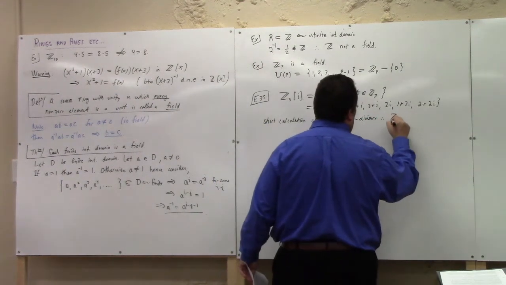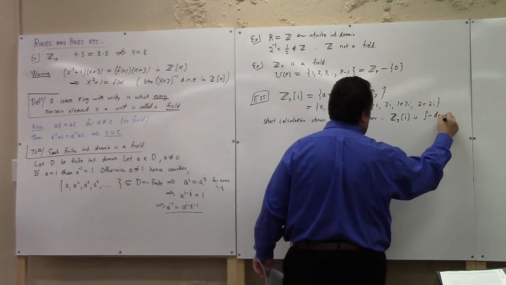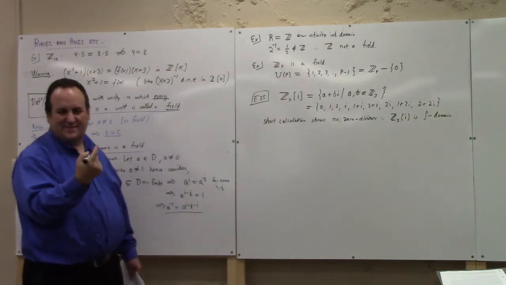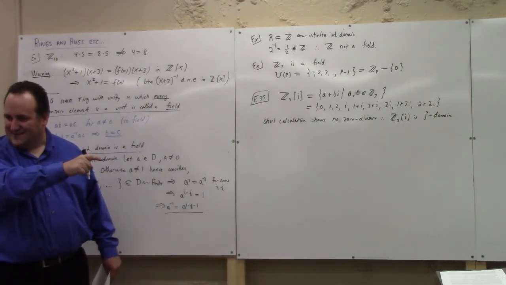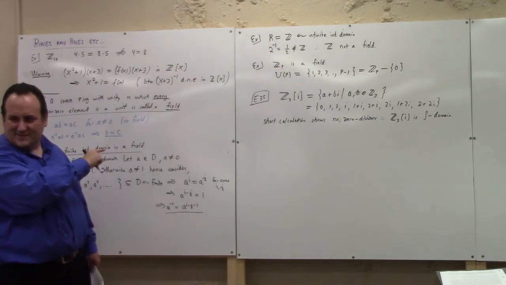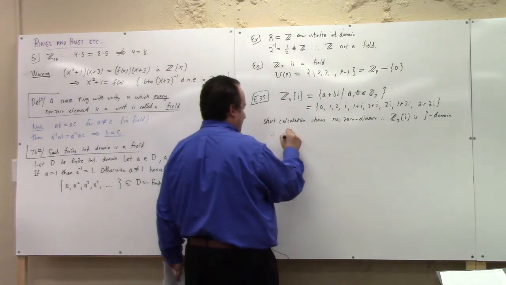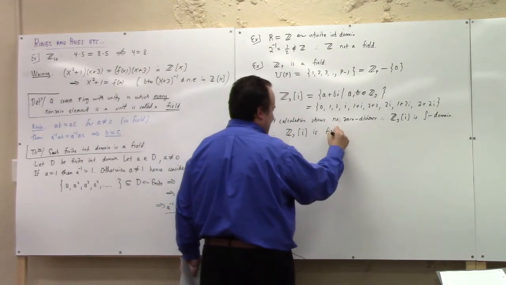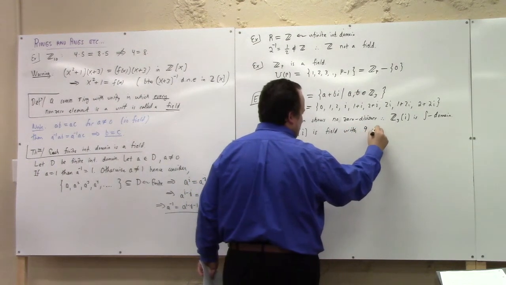Therefore, Z3 adjoin I is an integral domain. So it's a finite integral domain, so it's a field. A field with how many elements? With 9 elements.